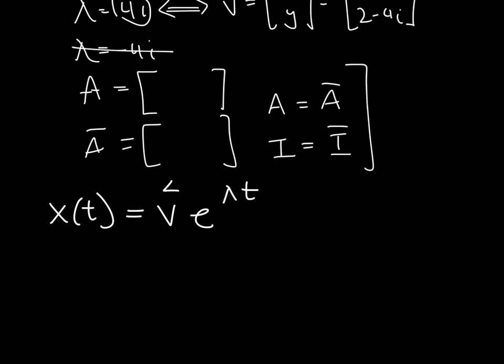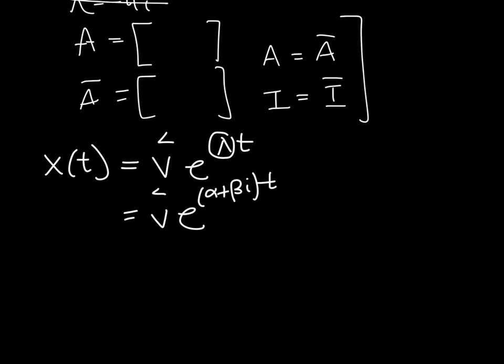This is our bold vector. And because our lambda is a complex number, I'm going to call it alpha plus beta i. I think the book uses p plus qi. I'm used to alpha and beta, but again, choose your preference.